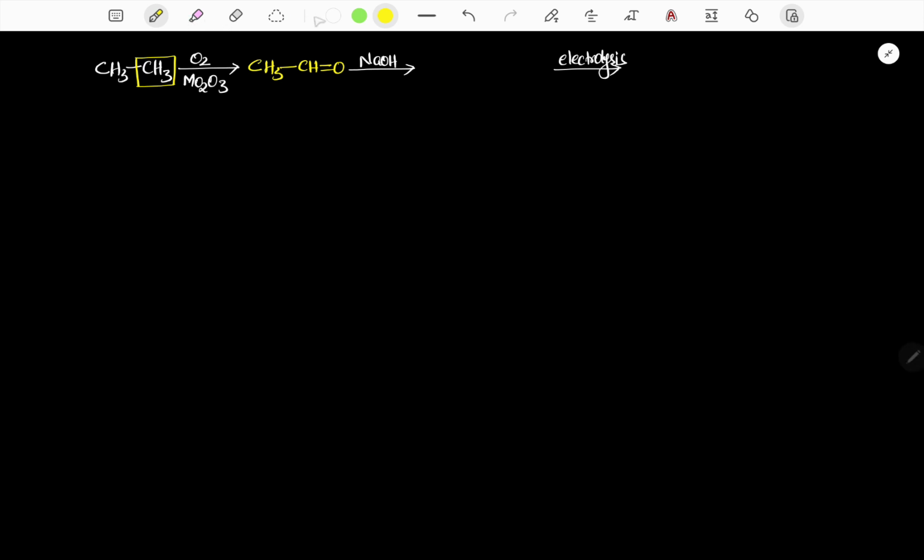But in the given question, the reagent is not MoO3, O2, and the reagent is manganese acetate. So from NCERT point of view, the terminal carbon undergoes oxidation, it gives the corresponding carboxylic acid.